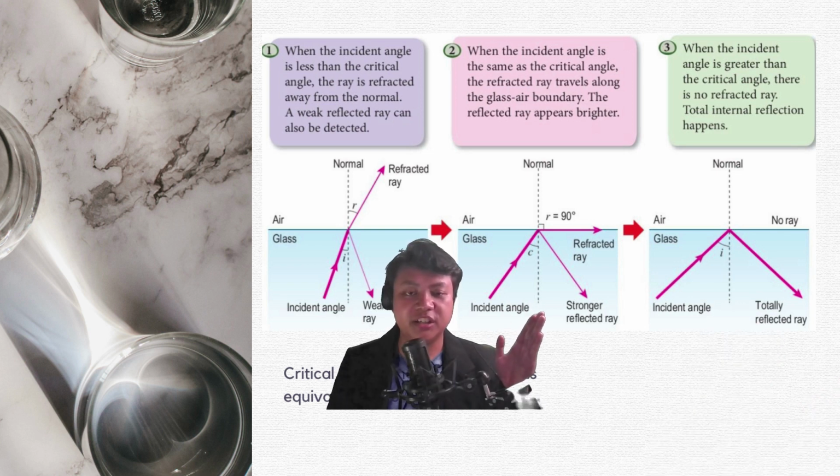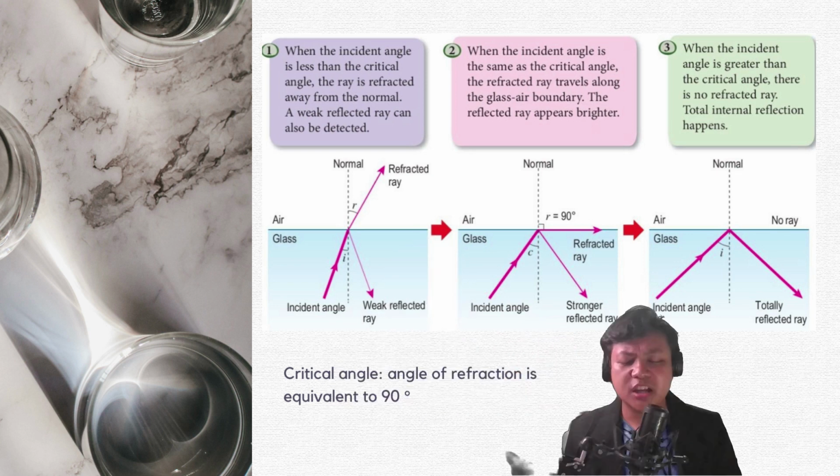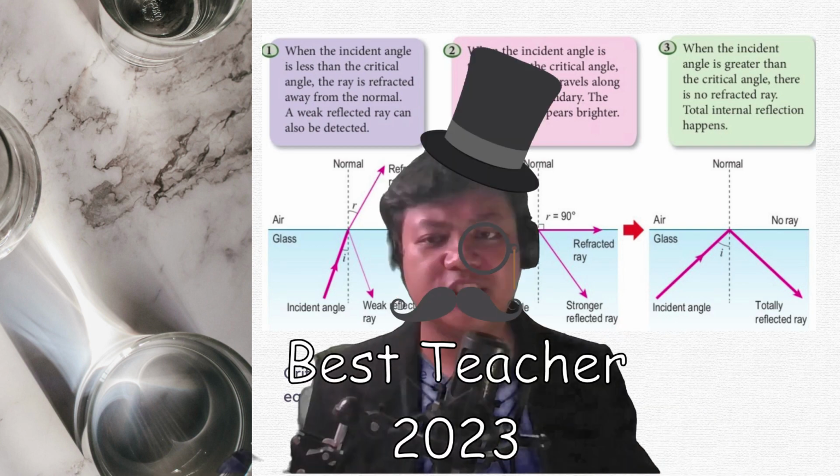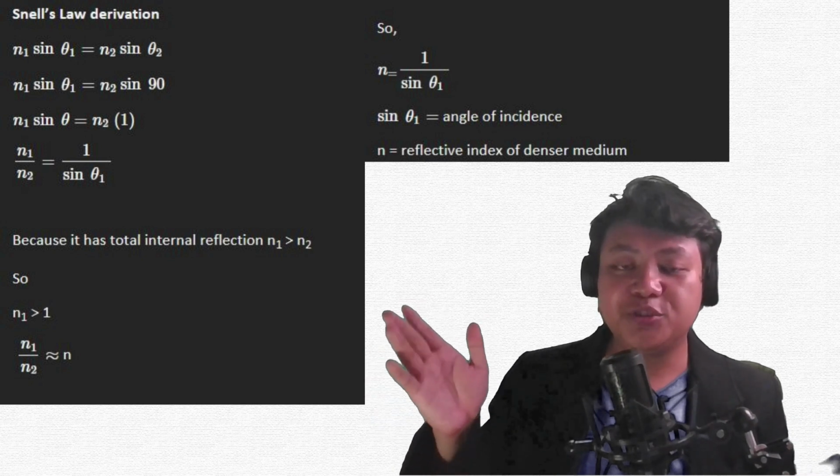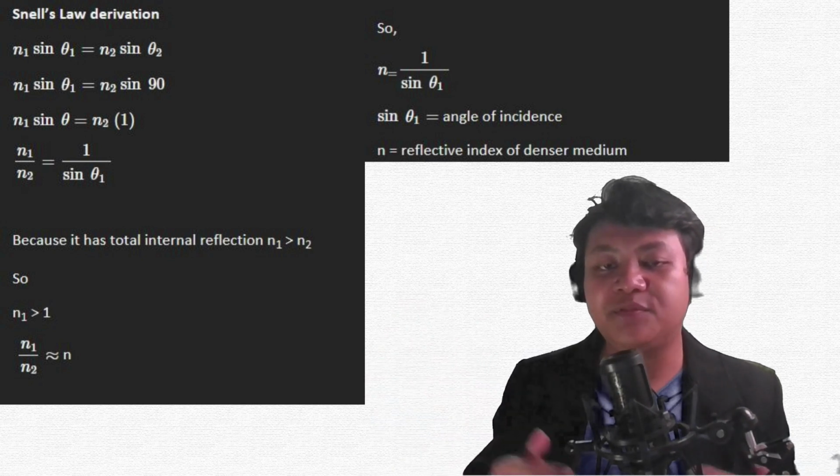This angle over here is called the critical angle. What is a critical angle, you ask? A critical angle is an angle of incidence where the angle of refraction is equivalent to 90 degrees. That's it. If you derive from Snell's law, you can determine the refractive index of the denser medium.